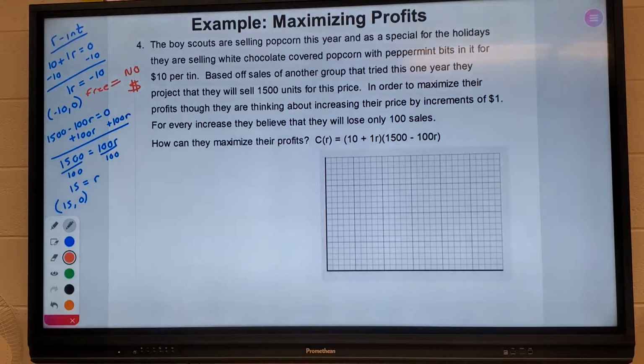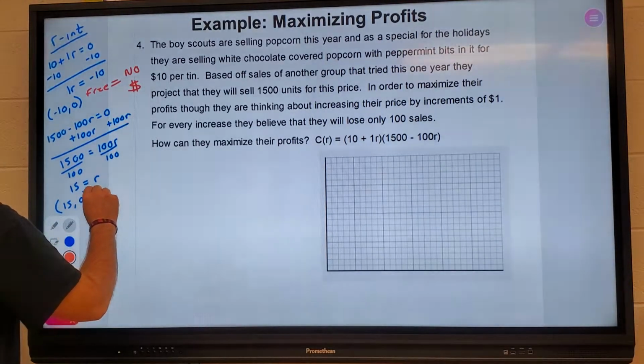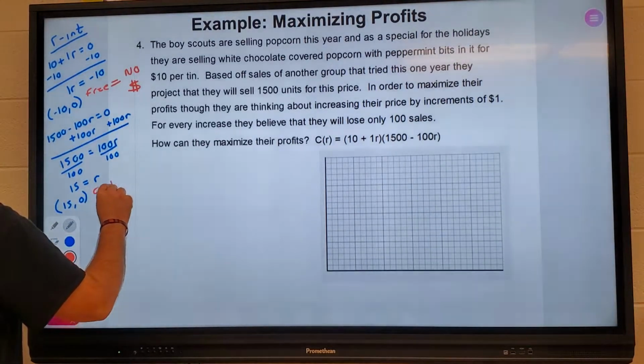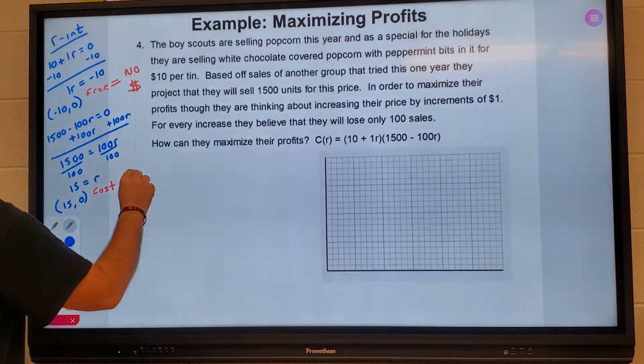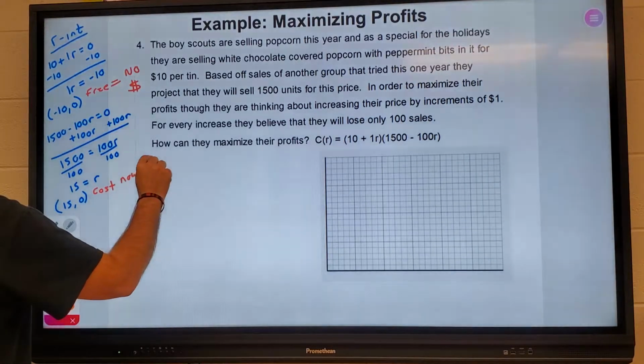On the flip side, this 15, comma 0 means that I'm going to increase the cost by 15 increments, which means I'm increasing the cost of this $10 tin by 15 bucks, which means now I'm charging $25 per tin. The cost is now $25.